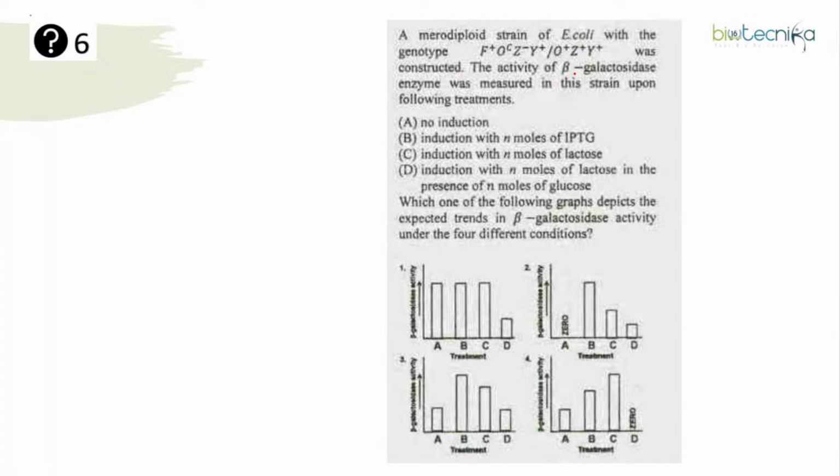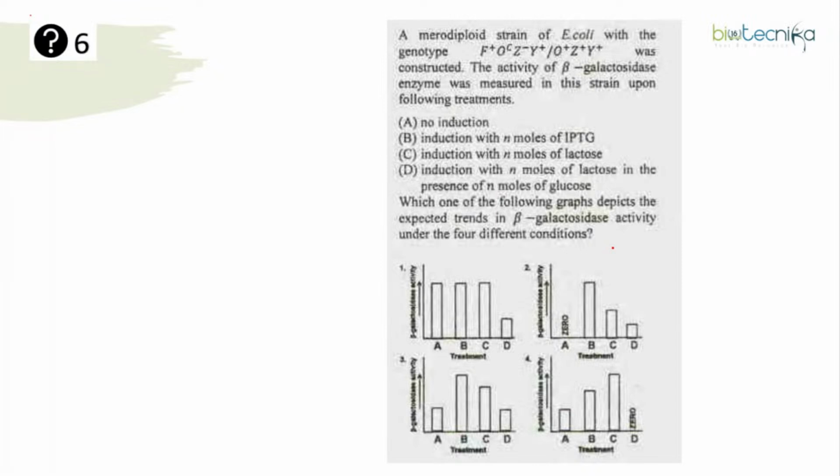The activity of beta galactosidase enzyme was measured in this strain upon the following treatments: no induction, induction with N moles of IPTG, induction with N moles of lactose, and induction with N moles of lactose in presence of N moles of glucose. Which of the following graphs depict the expected trends in beta galactosidase activity under the 4 different conditions?